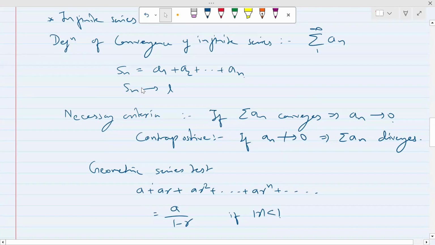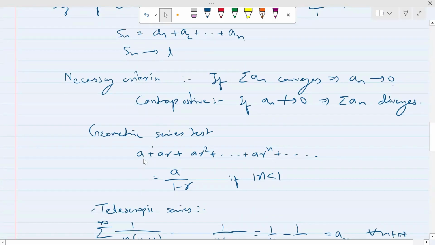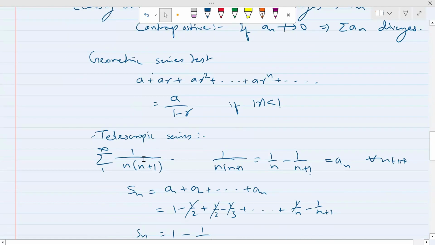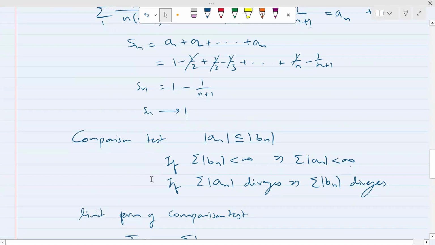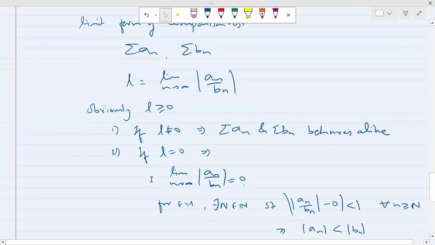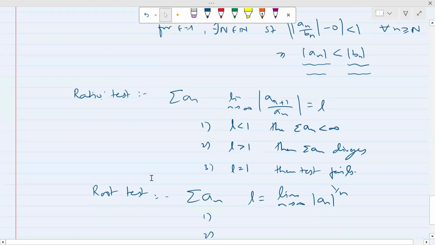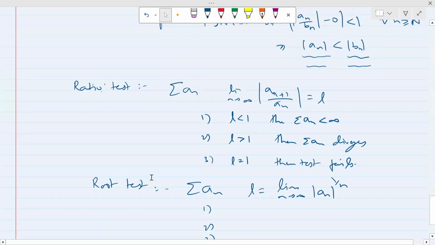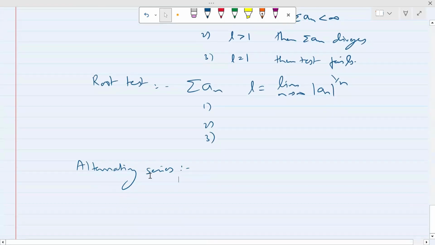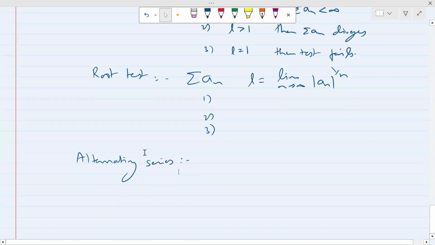Only in these three cases can we compute the sum of an infinite series. In the rest of the cases we can only say whether the series is convergent or divergent. But which test is applicable to which series, you have to learn by practicing more and more problems on infinite series. Is it okay? Okay, sir. Thank you, sir.